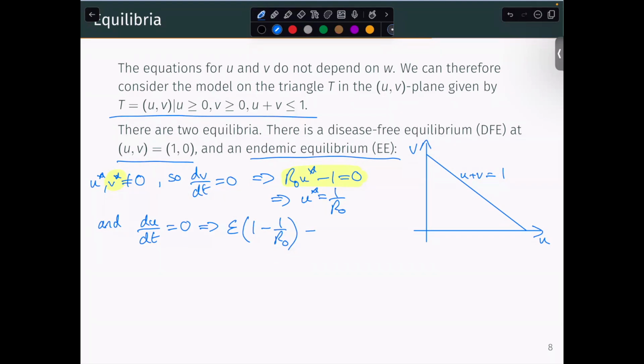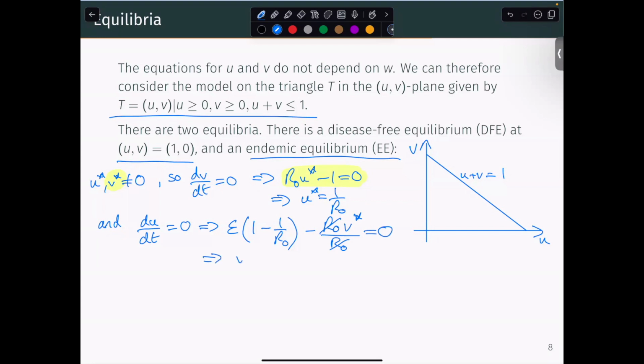And we're going to have minus R naught times V star. And we're going to multiply this by U star, and U star was just 1 over R naught. So these R naughts here are going to cancel. This must be equal to 0 because we're at an equilibrium.